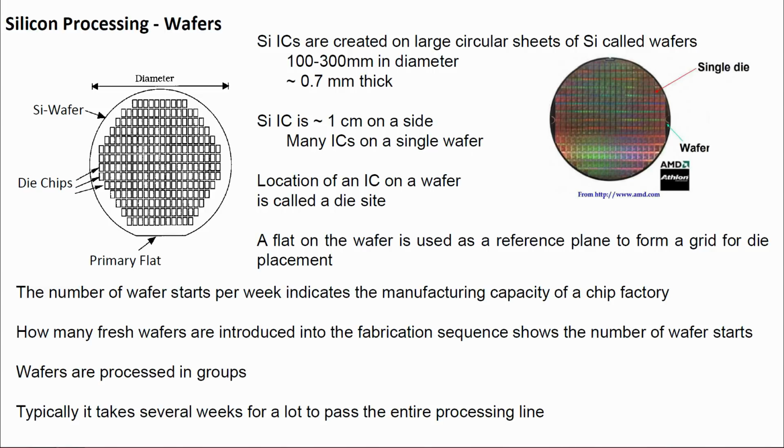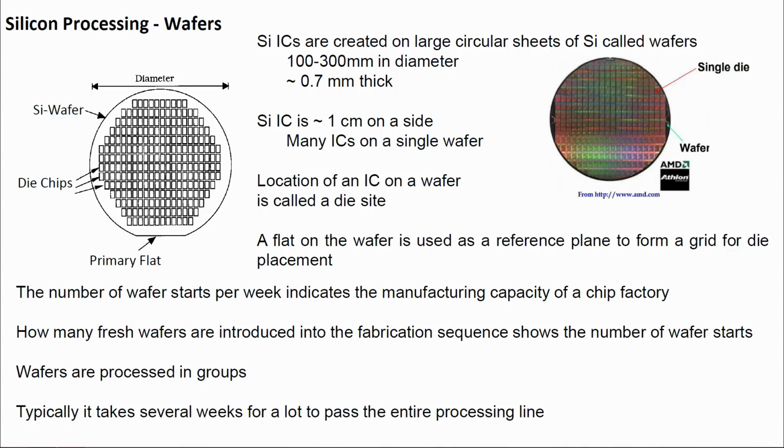To understand, with respect to the primary flat, whether a secondary flat is present or not, and if it is present, where it is: is it at 45 degree, 90 degree, or 180 degree, or not present at all. Based on that, we can identify whether the wafer is N type or P type, or the orientation of the wafer, 100 or 111.